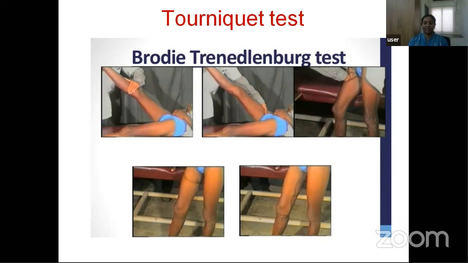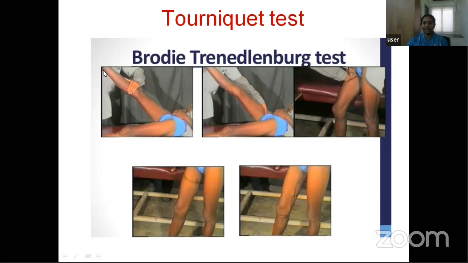Now, what we do in this test: we are doing this test mainly to rule out whether the problem is in the valves or in the perforators. In either of these, we can have varicose veins. Now, what we do in this condition is make the patient lie down on a flat surface, as you can see in this picture. We lift the lower limb and try to empty the veins.